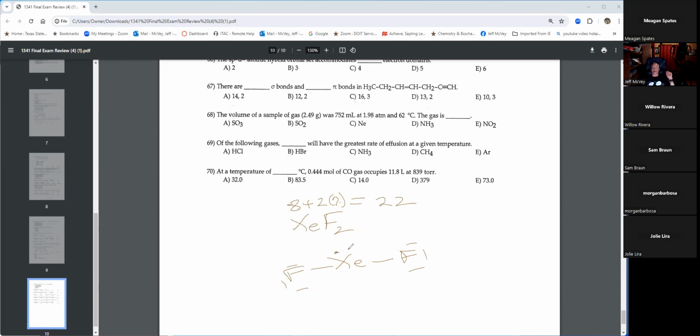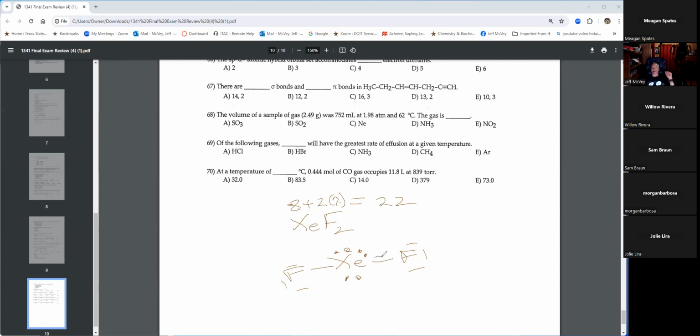I'm going to give xenon its octet, and then fill the fluorines: 2, 4, 6, 8, 10, 12, 14, 16, 18, 20. I have 2 more electrons. I only used 20. 2 have to go somewhere. They go on the central atom.